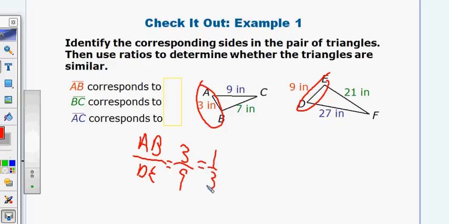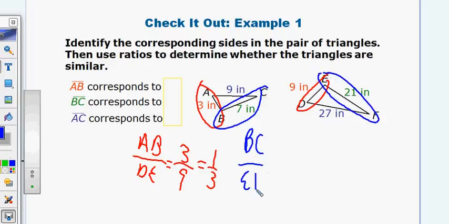Now I can't just stop. I have to go through each part of the triangle. So next I'm going to look at BC. And it's the medium length, and I can see that EF is actually the medium length. And so we'll do 7 over 21, which once again reduces down to 1/3.